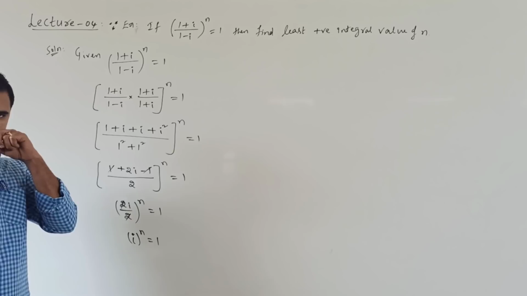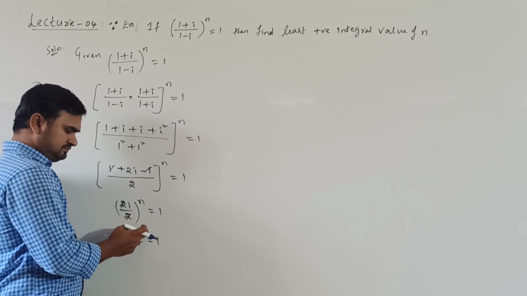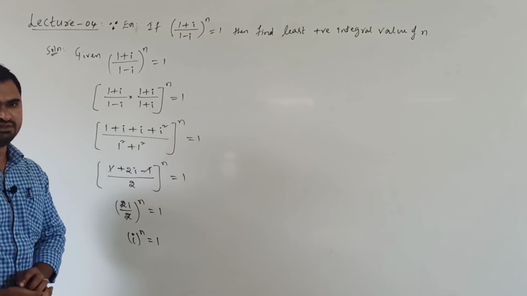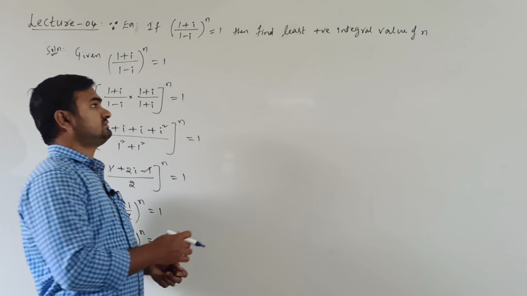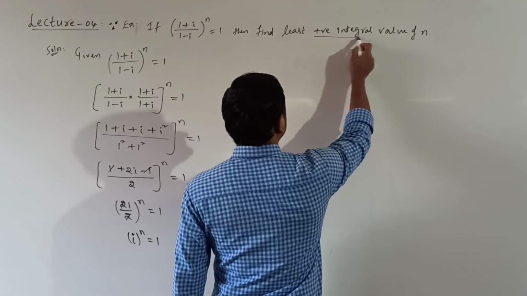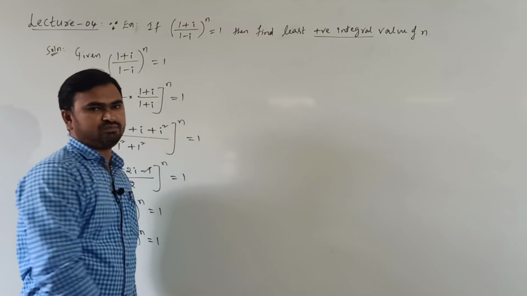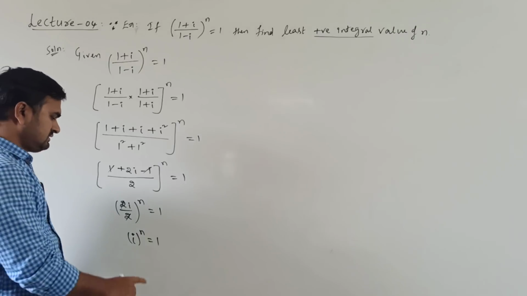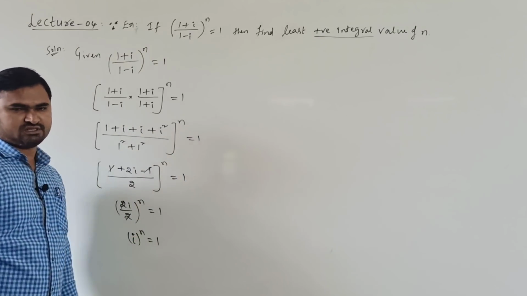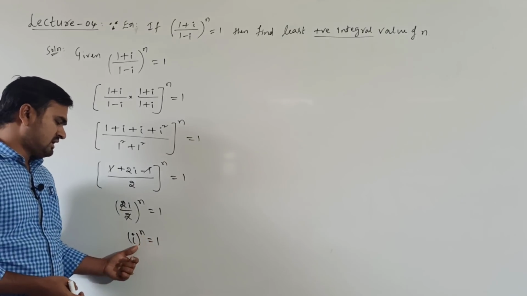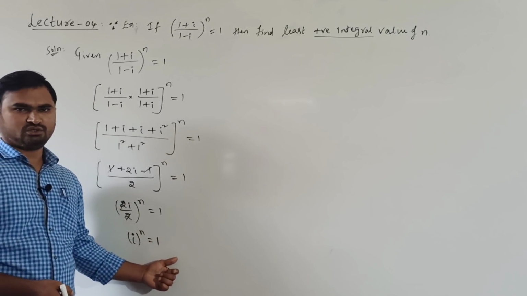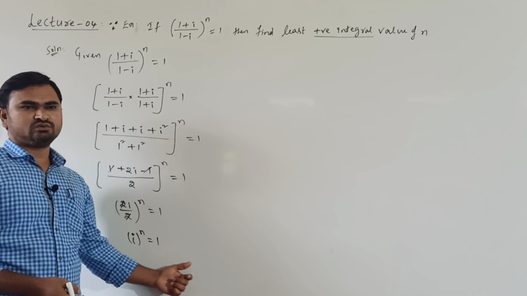So what should be the n value? Can we take n as 0? We know i power 0 is 1, but we cannot take n as 0 because n should be a positive integral value. So n cannot be 0. Next, can we take n as 1? If n is 1, i power 1, is it equal to 1? No, i is not equal to 1.